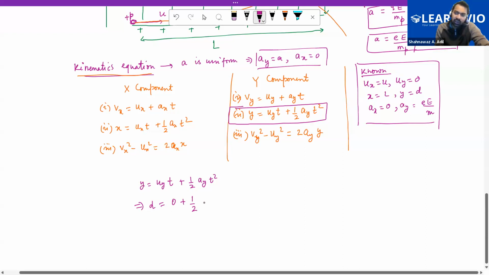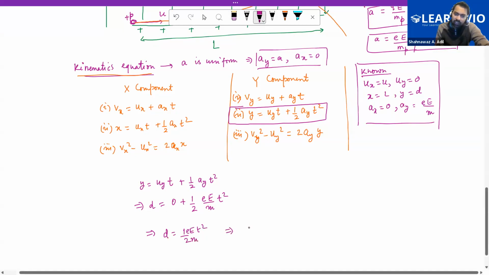So ay was how much? eE by m, and t square. So this d is half eE t square by m.